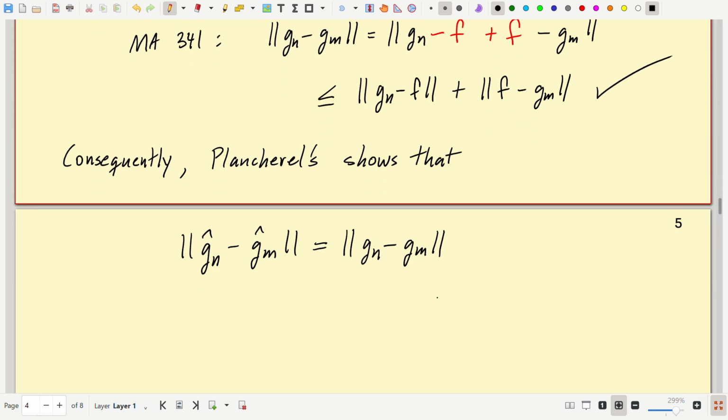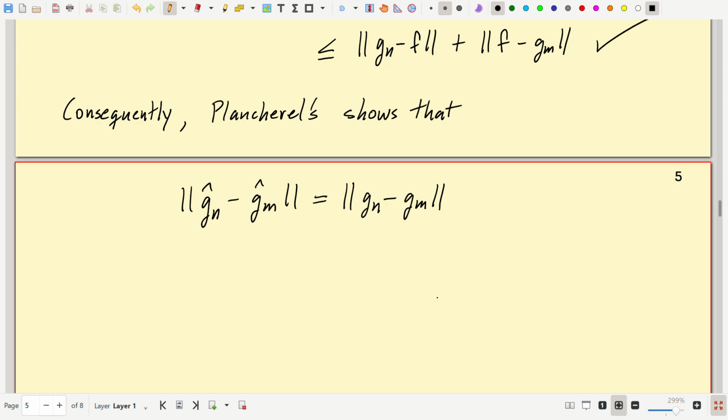The same inequality that shows that that's a Cauchy sequence would show that, and so Gn hat is also a Cauchy sequence.